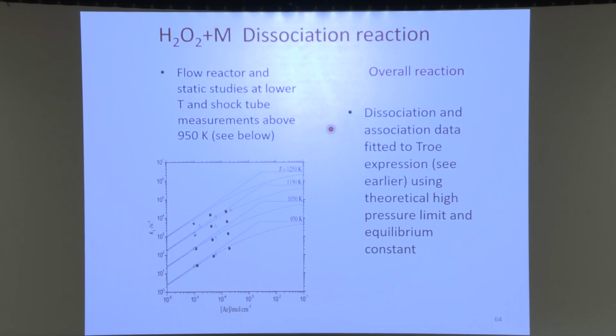And the dissociation reaction is simpler because it's just a stable molecule, relatively stable molecule hydrogen peroxide, and you just have to heat it up. And people have done it with different temperatures, with different amounts of bath gas, and they see basically a straight line dependence pretty much. So it's really just like this reaction, and you can fit it to the Troe expression.